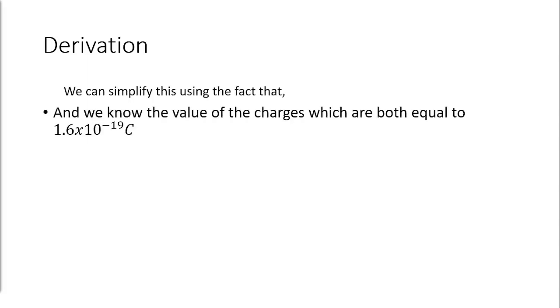And we know the value of the charges, which are both equal to 1.6 times 10 raised to negative 19 C. Then we have Q sub 1 times Q sub 2 equal to e squared. A negative sign is affixed, so we know that the electric force in effect in the given situation is conservative and attractive at the same time.